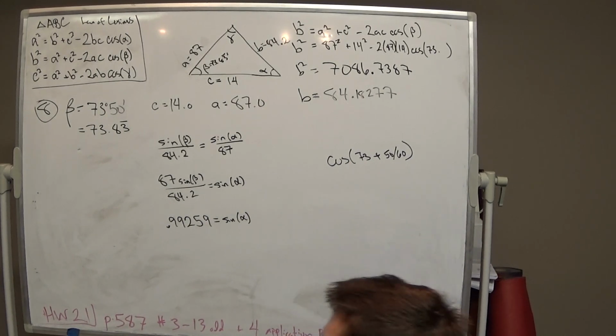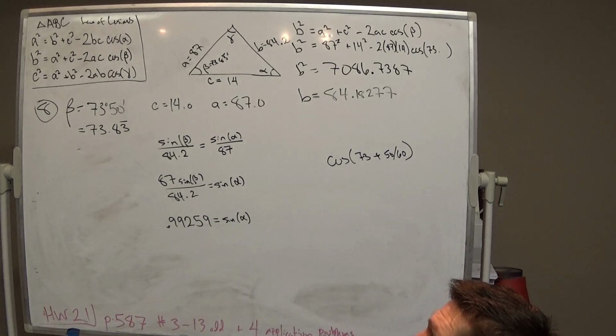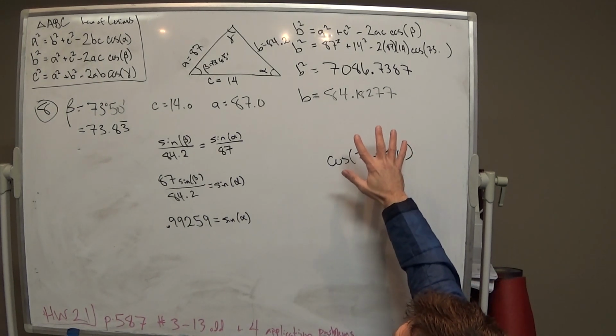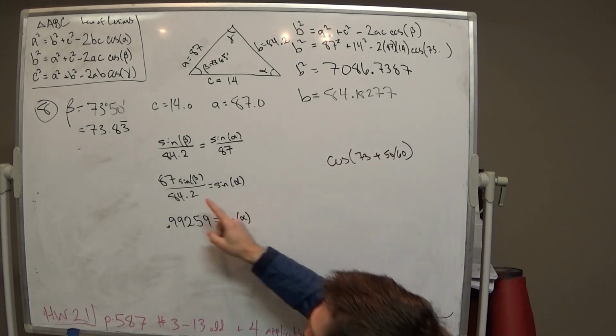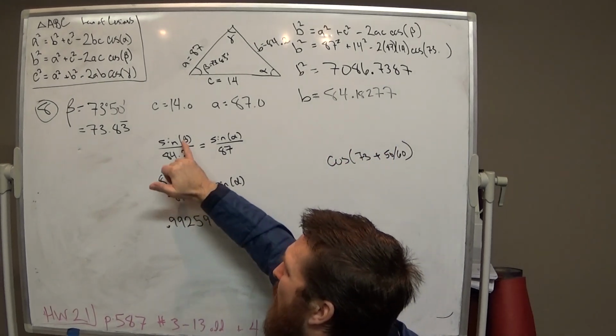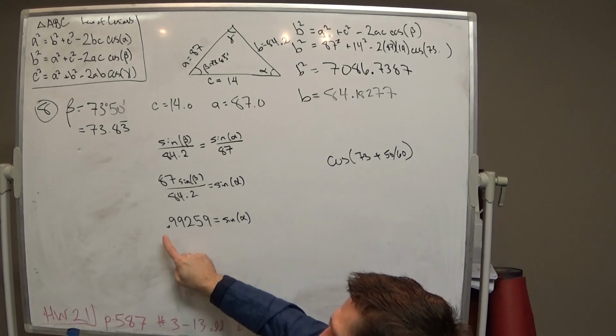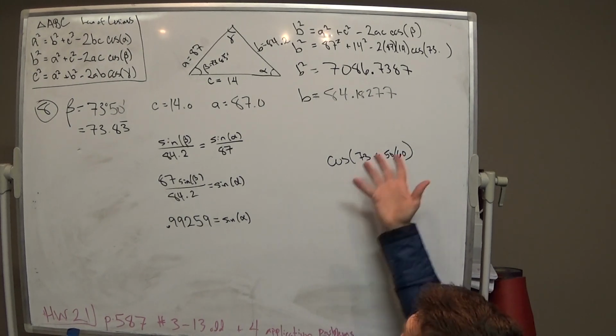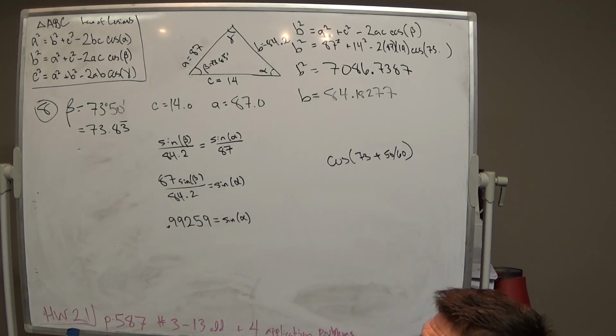So this is why you really got to make sure you're using as many digits as possible. Because it's possible that you round a bit here, and maybe you round a bit there, and it works out to be 1.02, and you're like, oh, I guess the triangle doesn't exist. Well, it does. You just rounded too early. Don't round too early, because two rounding errors can really mess you up.